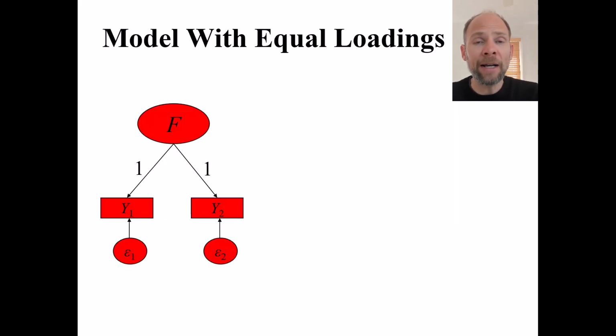In our case, one reasonable assumption may be that the two variables have equal loadings. We call that a model of tau equivalence, or essential tau equivalence if we retain those different intercepts in the model. That's also a model of classical test theory.